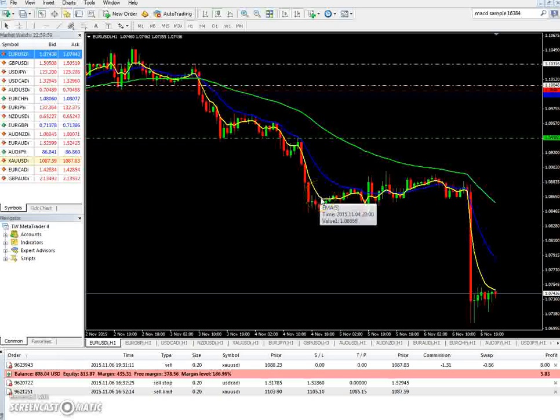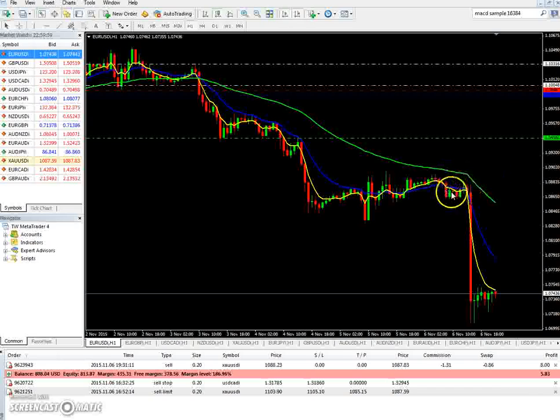As it continued down, it based again in here, came back up, and this green line crossed that blue line, which means it's going into a slight uptrend. This yellow line went up, touched and crossed the blue line a little bit, came back below it, went back up, touched it, crossed it, and went up to an uptrend here.